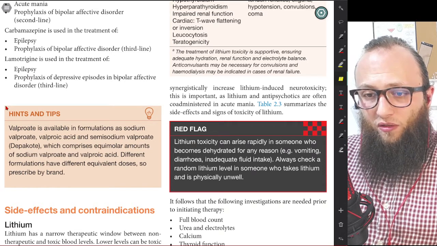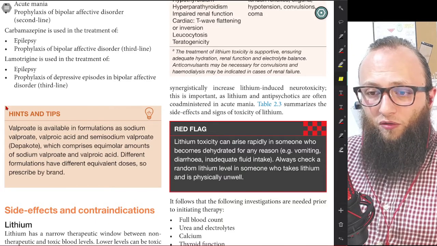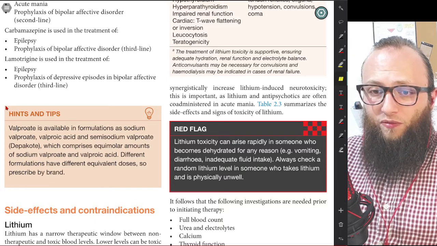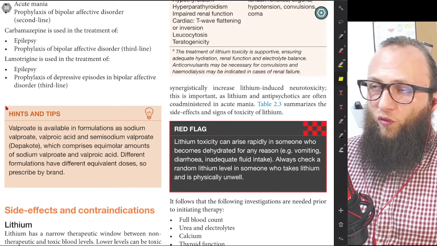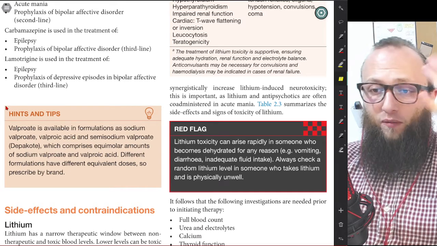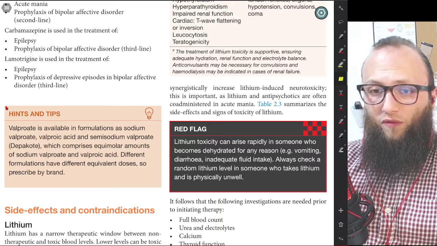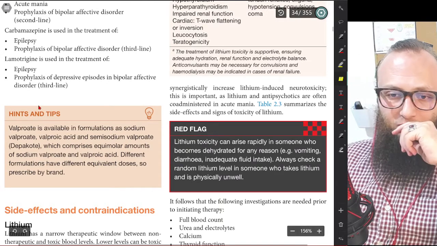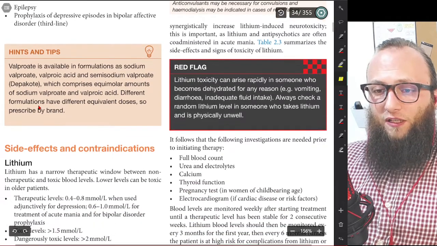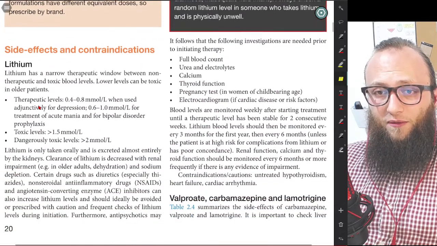Different formulations have different equivalent doses, so prescribe by brand. So it's not okay to switch between sodium valproate, valproic acid, and semi-sodium valproate, so just stick to the brand. Side effects and contraindications.